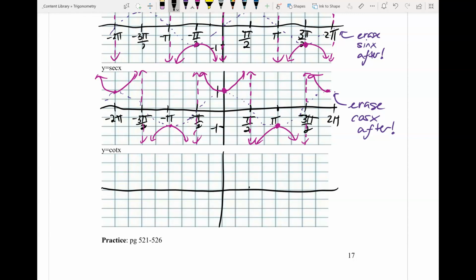So if we remember from the tan x graph, usually we would have asymptotes at pi over 2. Here we're going to have it at pi and 0 instead.